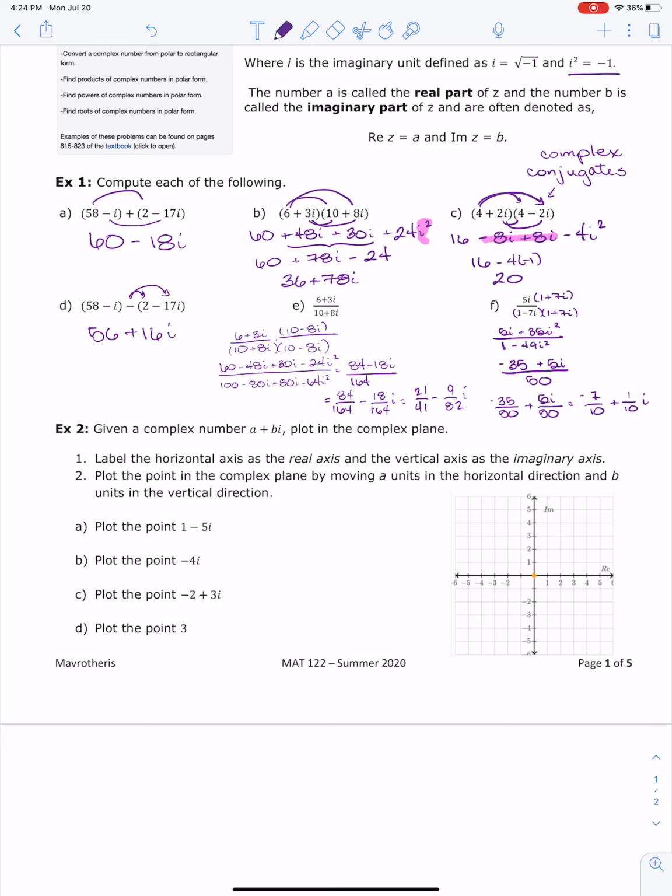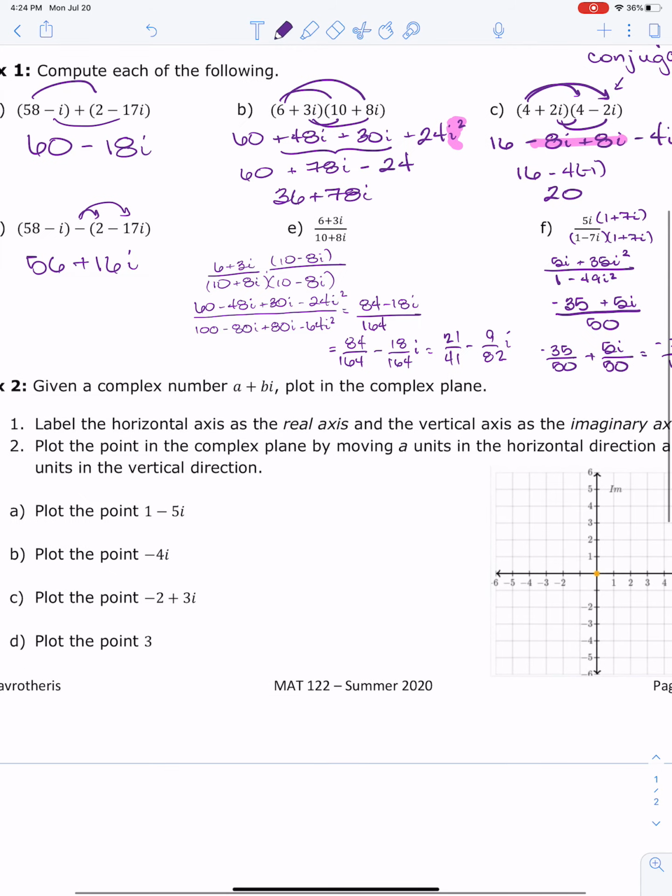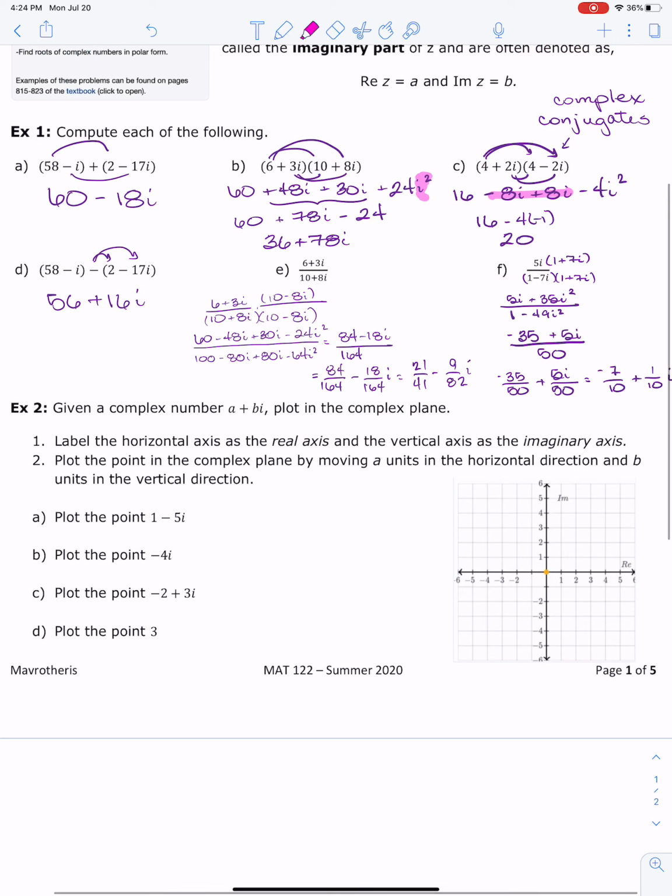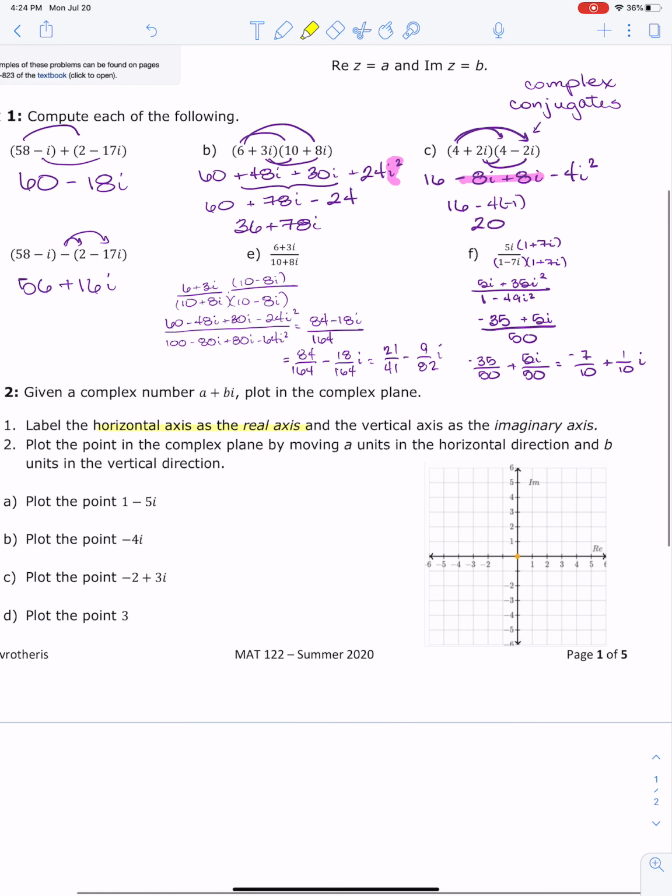When we talk about plotting complex numbers, our horizontal axis becomes the real axis, and our vertical axis becomes the imaginary axis. Other than that, it pretty much works the way you think it should.